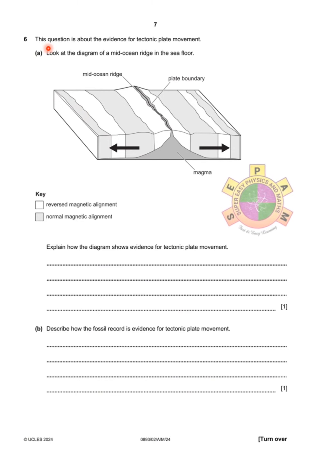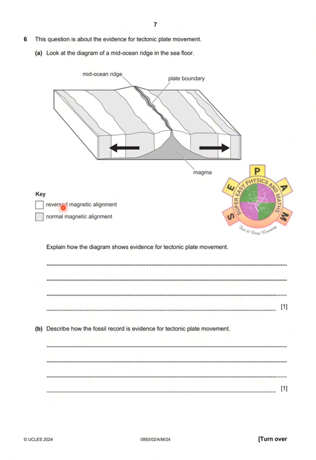Question 6 is about the evidence for tectonic plate movement. Look at the diagram of a mid-ocean ridge in the sea floor. If you look at this diagram, you see the movement.